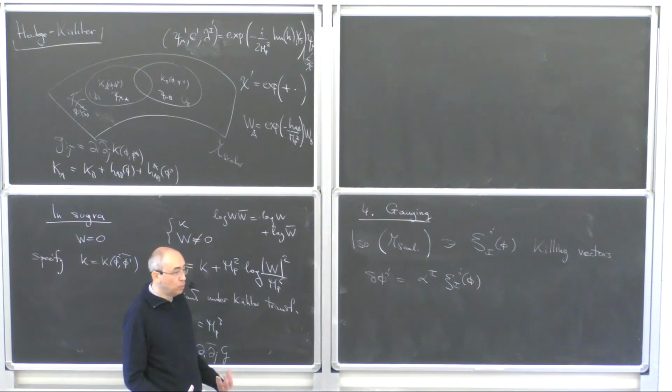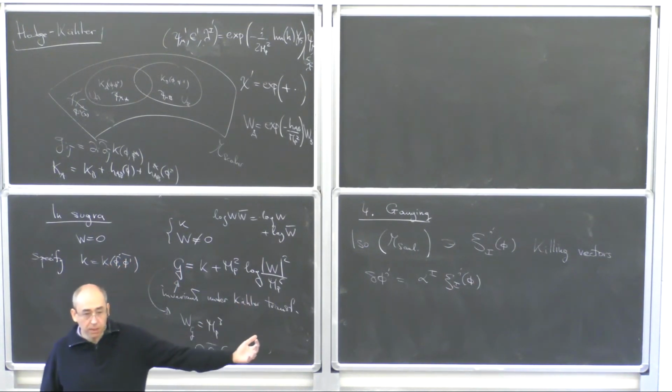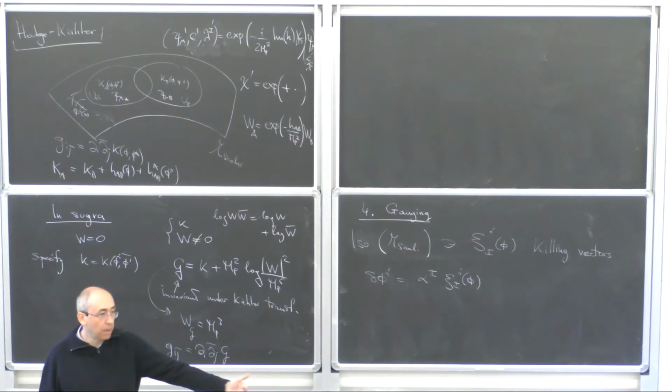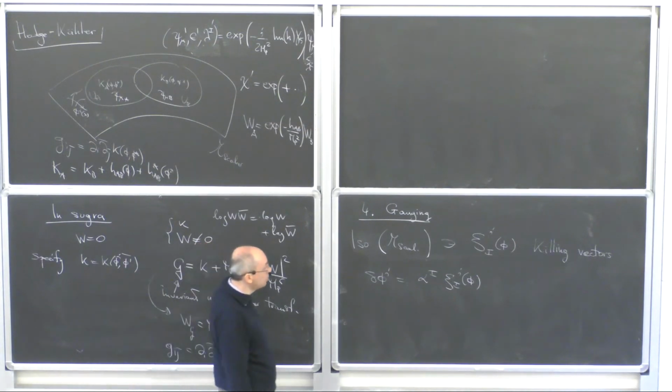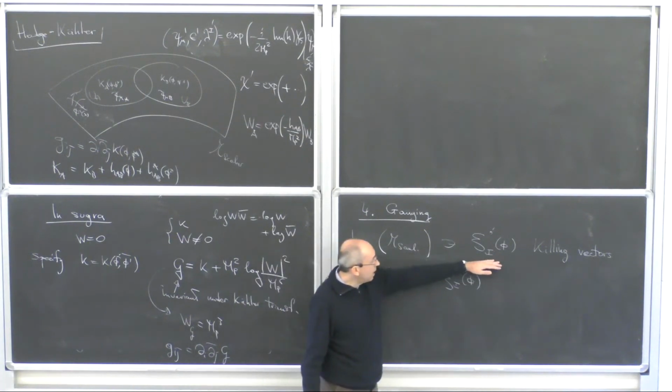I want to introduce a gauging, so I want to make some of these global symmetries of my theory local, but I want to do that in a way compatible with supersymmetry. So I have to realize that these Killing vectors cannot be arbitrary Killing vectors.